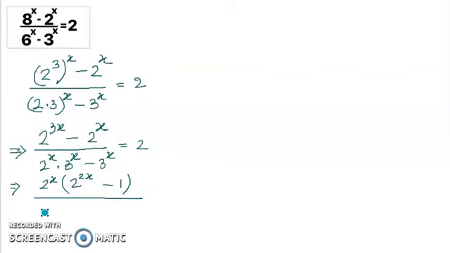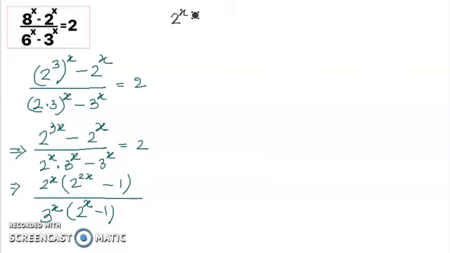Here we can take 3^x as common. So we are left with 2^x minus 1. Now this equation becomes 2^x, we have already, it is outside the bracket, and 2^2x.